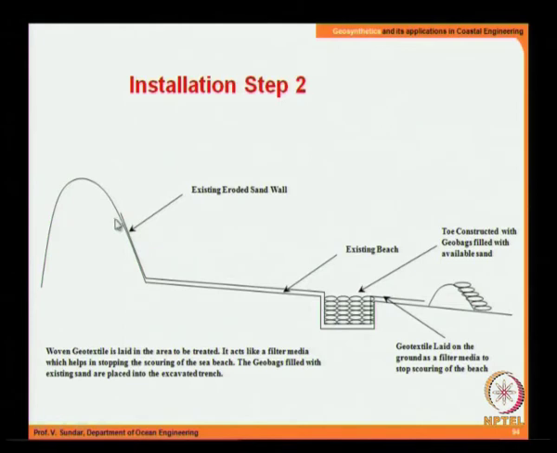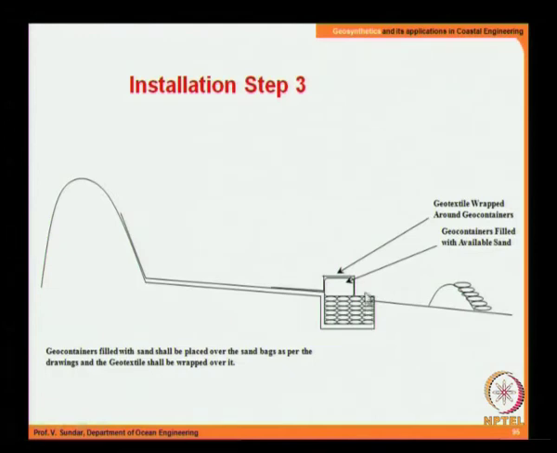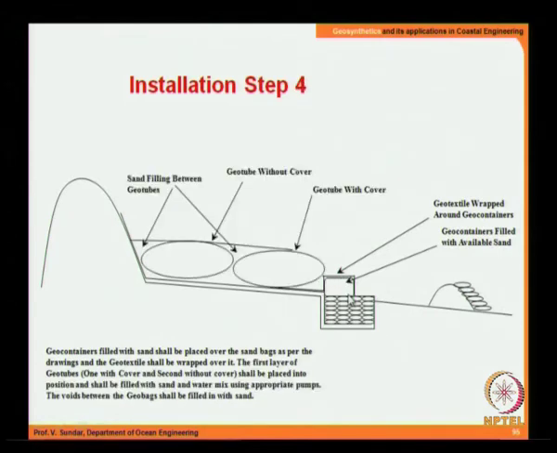Then you run the geotextile, making sure that you follow all the basic requirements, and the geotextile is also taken below the sand, and then the geobags were put in position here. Then you have the geocontainers filled with available sand. These are slightly bigger than the geobags, and this is how the toe was constructed.